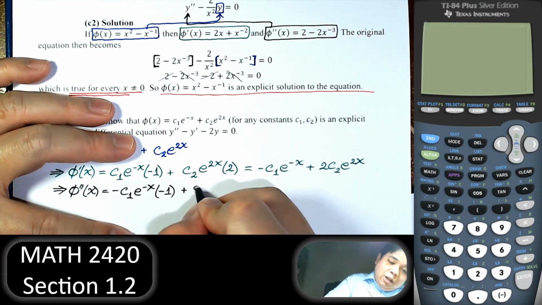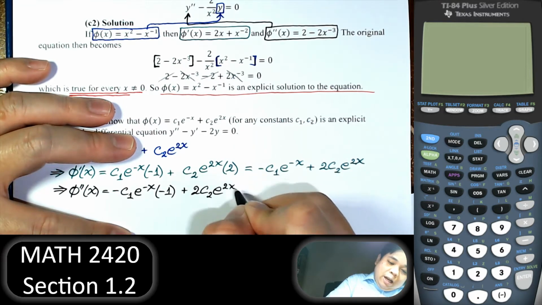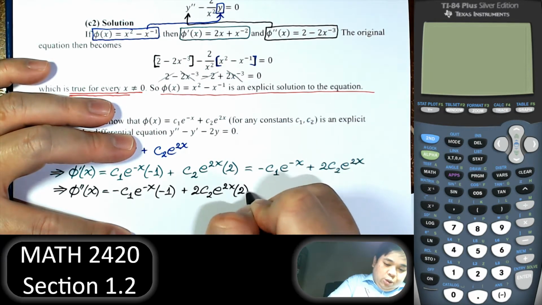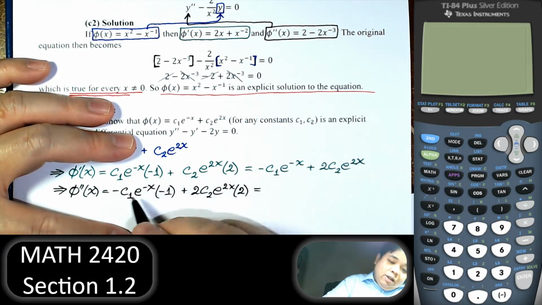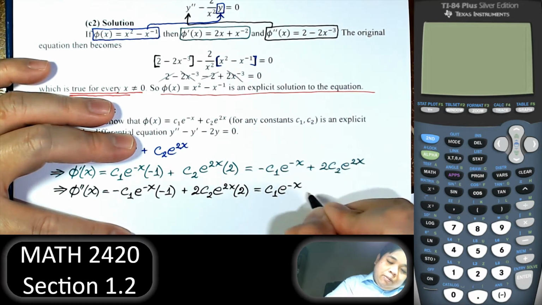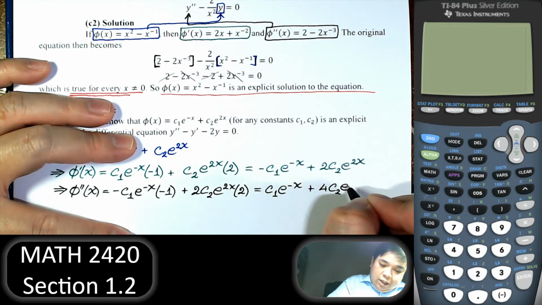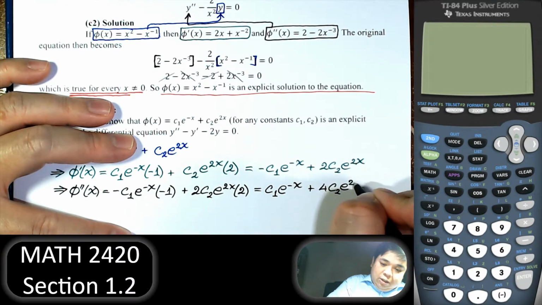Right, and then 2 c2 e to the 2x, and then the derivative of 2x, which is 2. Alright, so that gives us c1 e to the negative x, and 4 c2 e to the 2x.